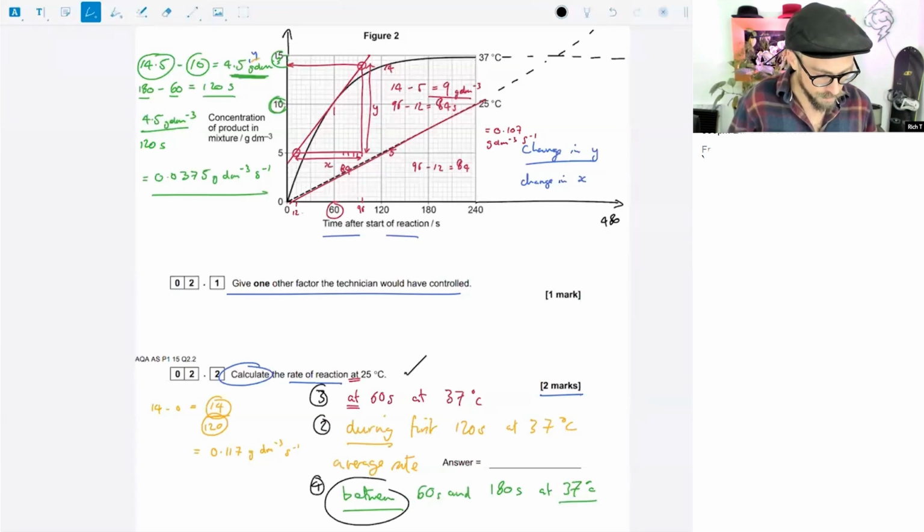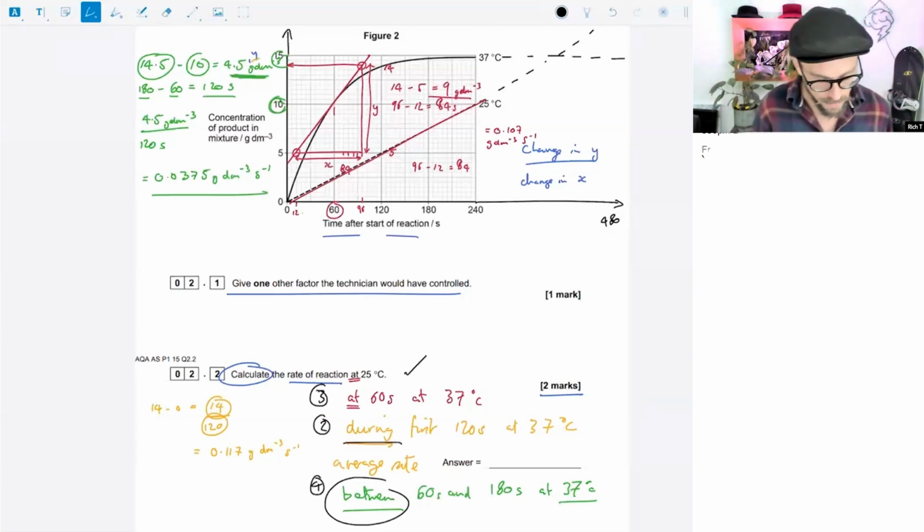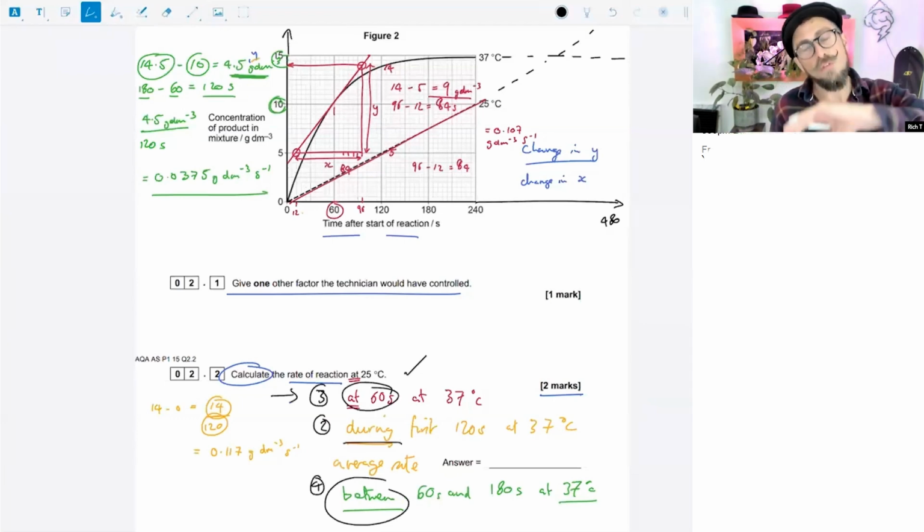Either between or during, you're looking for a time span. And then it's the same calculation, changing y by changing x just for the period of time that's been specified. And then the additional one is calculating the rate of reaction at a moment in time of a curved graph.